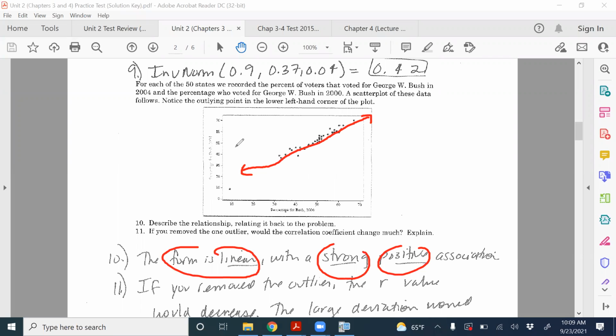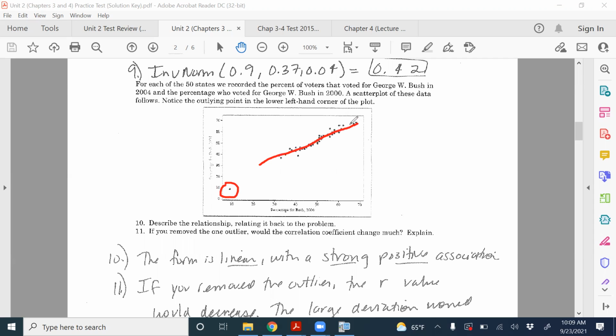Then it says if you remove the outlier, will the correlation change much? So the outlier is over here. That's probably the outlier because it's really far off compared to the rest of the data. Let me draw 2 different lines.